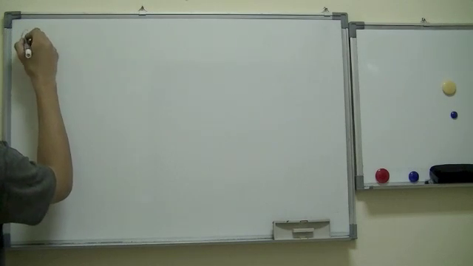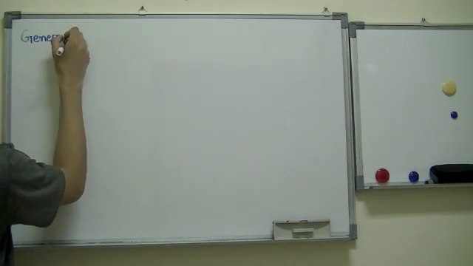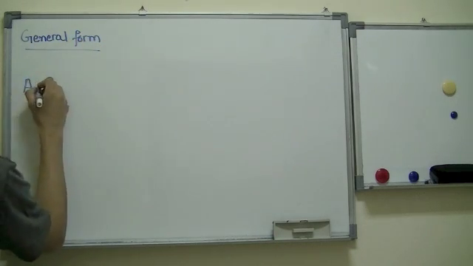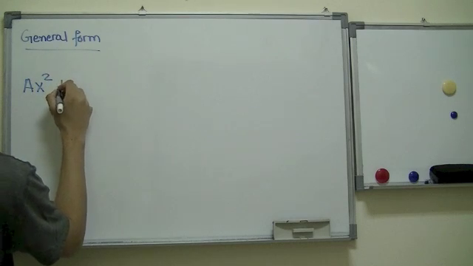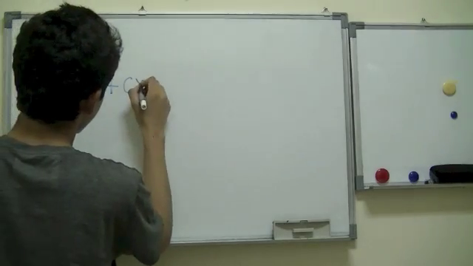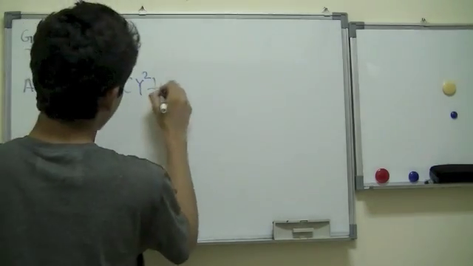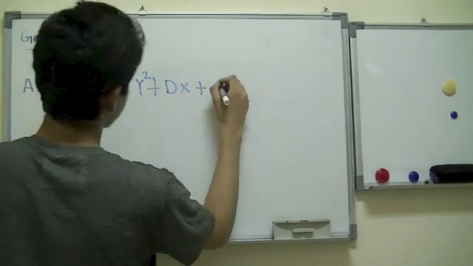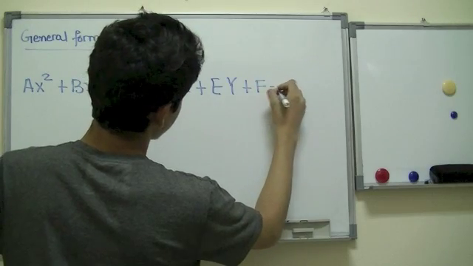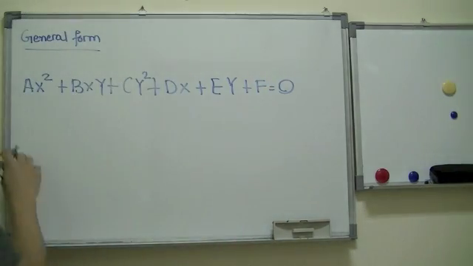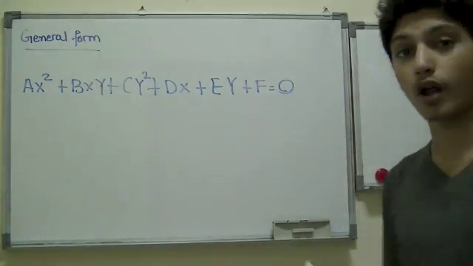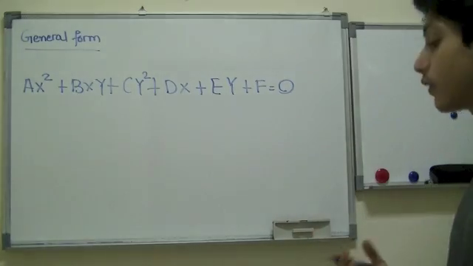So the general form for the extended would be some value of ax squared plus bxy, and then you have cy squared, and then you have dx plus ey, then some constant which is f, and it is all equal to 0. What I just wrote is an extended form of some conic equation.